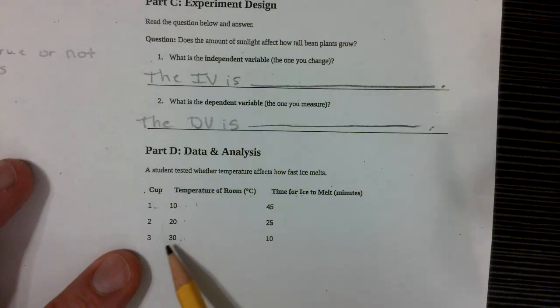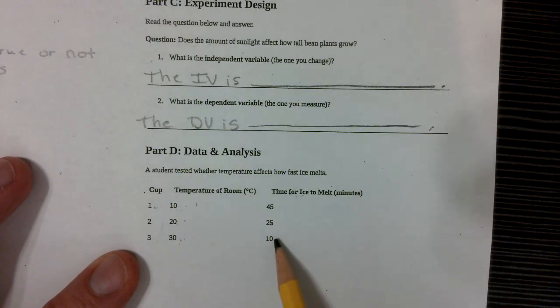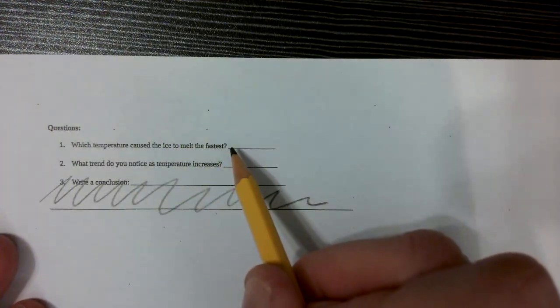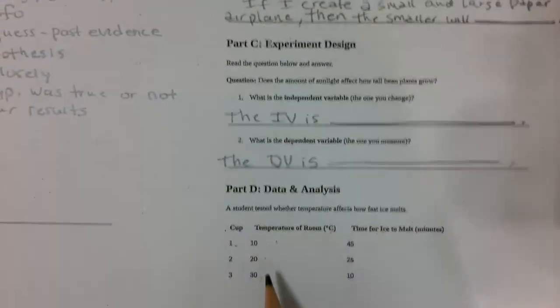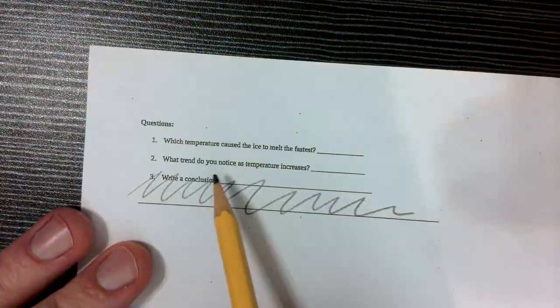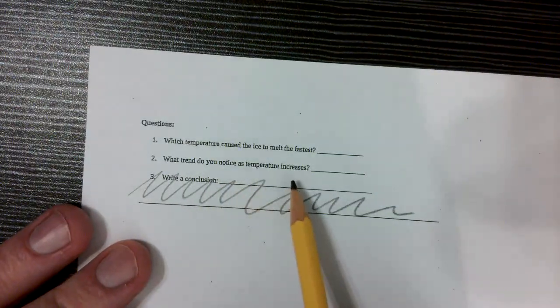But cup three is placed in a room at 30 degrees Celsius, and it only takes 10 minutes for the ice to melt. So then all I want you to do on the back is tell me, first of all, which temperature caused the ice to melt faster? And which trend did you notice as the temperature increases?